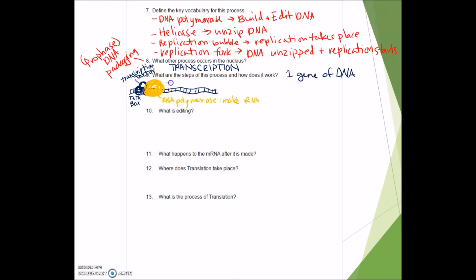Okay, so it's going to run 5' to 3'. It's going to zip down this DNA strand. And out the top, we are going to get a piece of RNA. As it moves down, it sucks in nucleotides and makes a single-stranded piece, and this single-stranded piece is our RNA.